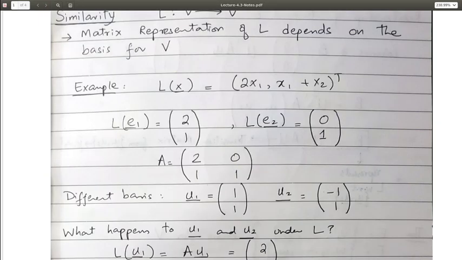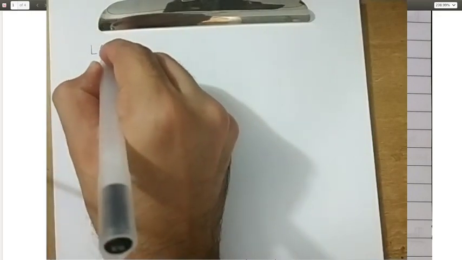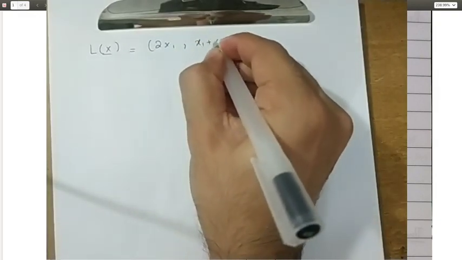So let's suppose we're taking this example where we have a linear transformation that is going from R2 to R2. And so the transformation is that if you have a vector x which has two components, x1 and x2, the first component of the result is 2x1 and the second component is x1 plus x2. So we had the linear transformation Lx was (2x1, x1 plus x2) transpose.